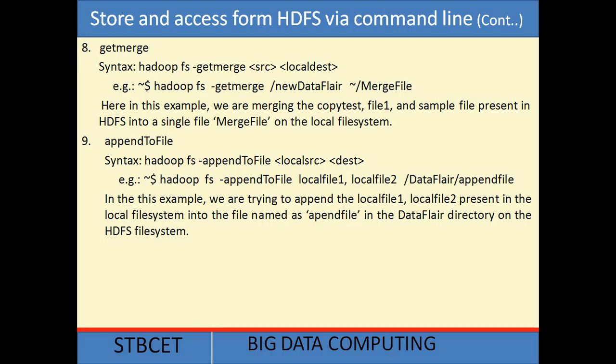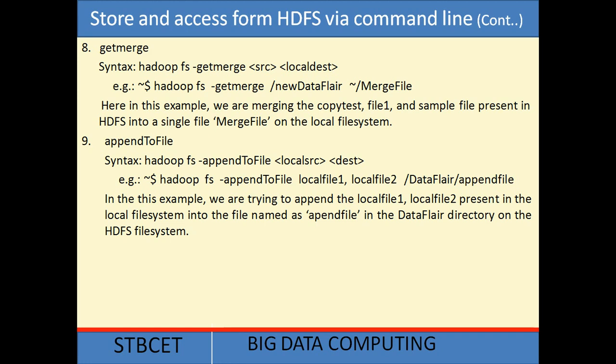The getmerge command lets you club many files into one single file at a local location, with access to the local file system. That means in our example, in the new data flare there are many files, like copy, paste, file 1, samples.